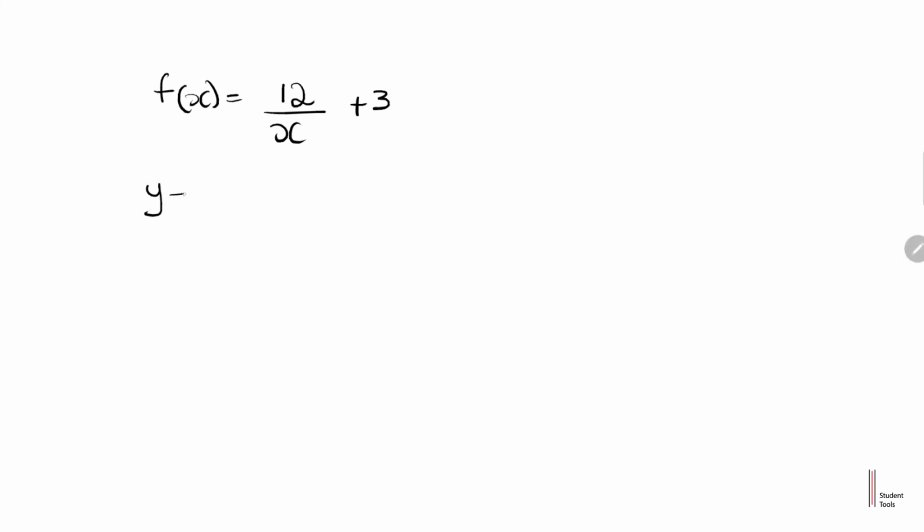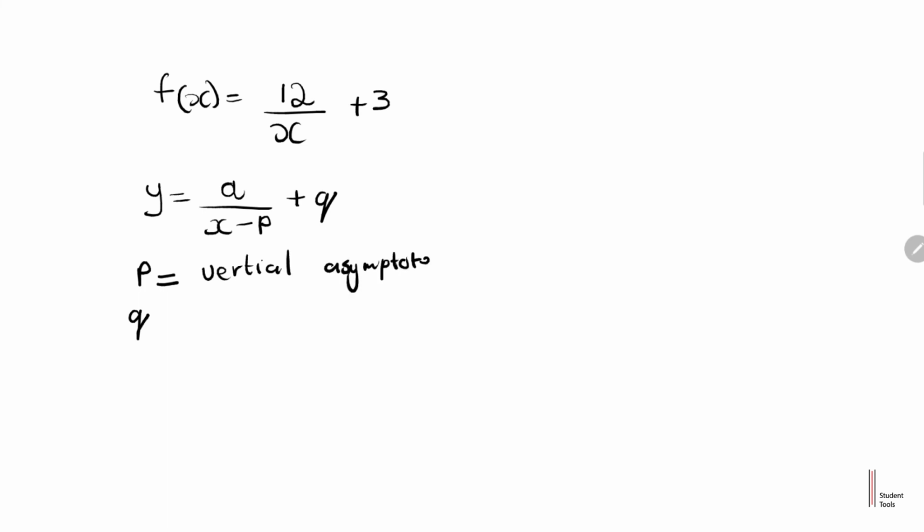y equal to a over x minus p plus q. So from this formula, we know that we have p and q. So p is equal to the vertical asymptote, and q is equal to the horizontal asymptote.